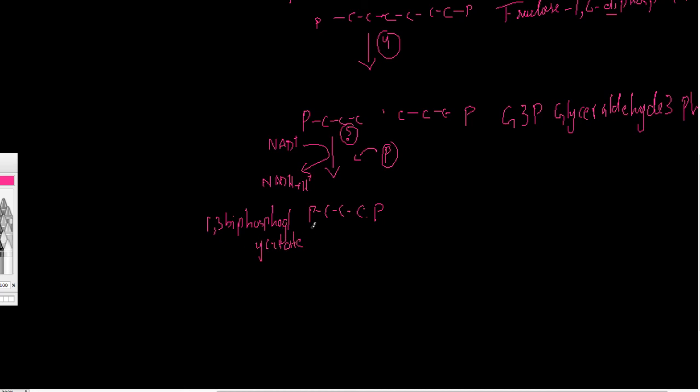So it basically means on the first carbon and the third carbon we have two phosphate groups. So now we have this process. Now when our 3-carbon molecule is in this form, in this structure or shape right here, we generate ATP by a process.